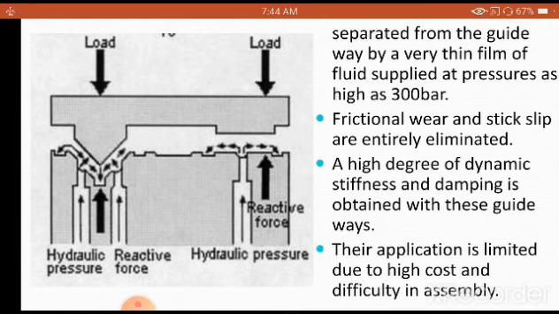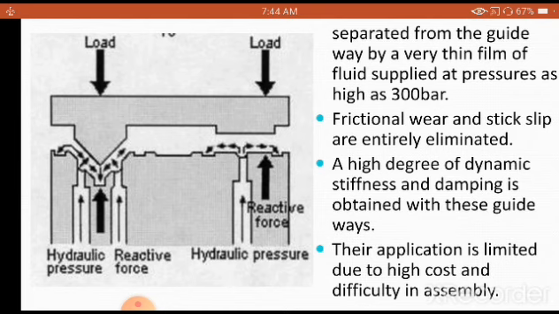A high degree of dynamic stiffness and damping is obtained with these guideways. That means dynamic stiffness, the dynamic load carrying capacity, is more in case of hydrostatic guideways, and damping means vibration absorption, because it is going to give a cushioning effect, because there is no metal to metal contact.